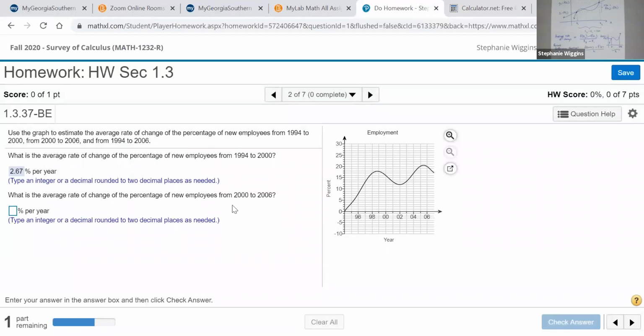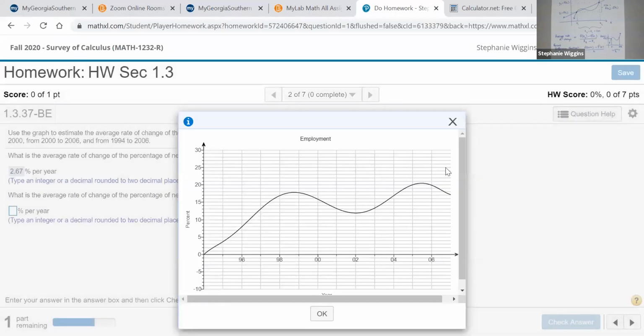In the next period of time, we're going from 2000 to 2006. So that's right here. In the year 2000, the percent of new employees is 16, and then as we go forward in time to 2006, it's going to be 21, looks like. Well, I better expand it and look at it more carefully.